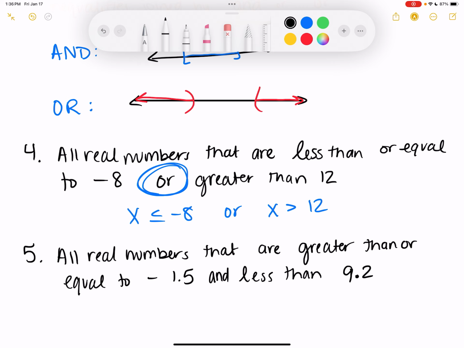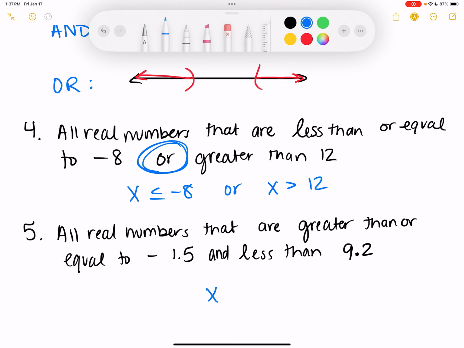All right, so all real numbers greater than or equal to negative 1.5. This is going to be a little bit different in how we do this because this is an and. That means our x goes between our numbers. So I'm going to put the x first.